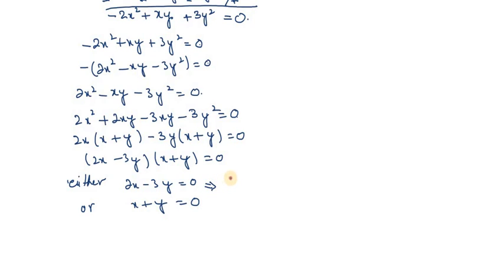We get the value of x: 2x is equals to 3y, so x is equals to 3 upon 2 y, and from the other, x is equals to minus y. This we say equation 5 and equation 6.